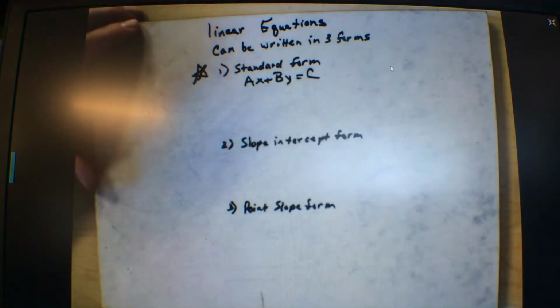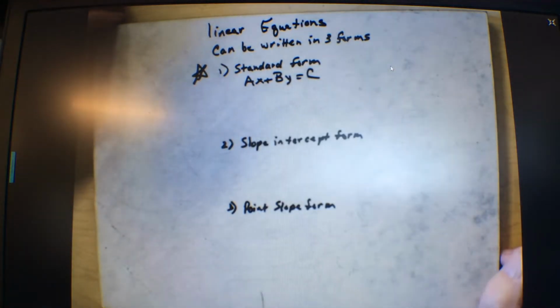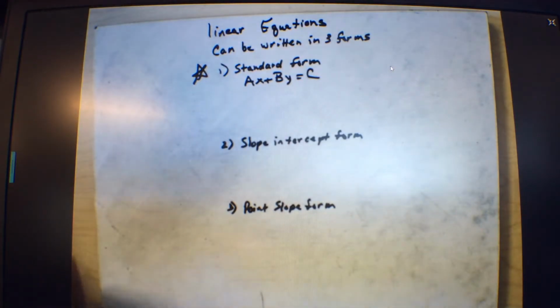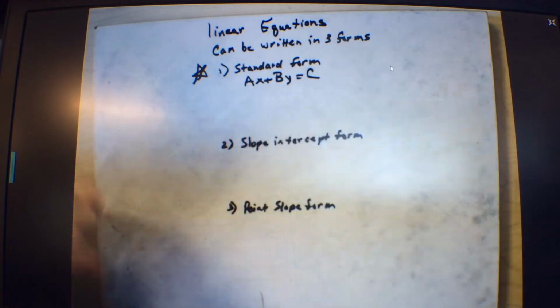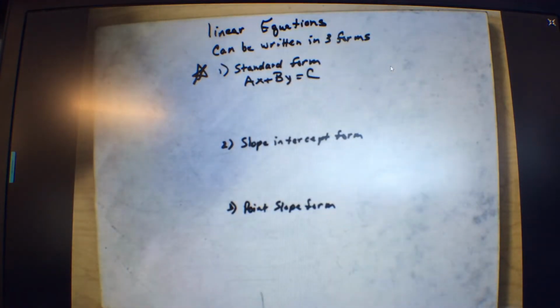What do you notice about the A, B, and C, Tirsa? Yes, Miss Denny. They're capitalized. If I ask for the general standard form, you write AX plus BY equals C. Okay? Tyra, you understand that?